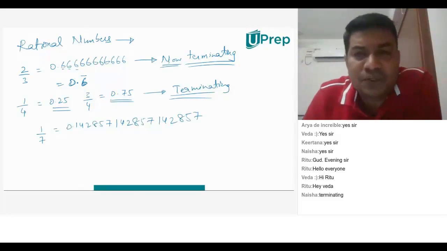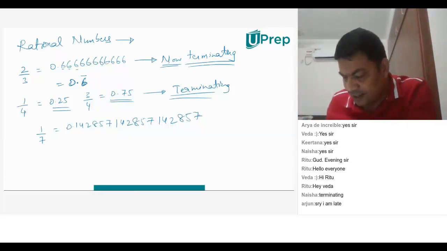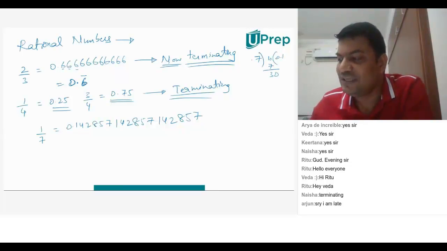If you want to calculate, you can use your mathematics. 1 by 7, you know how to divide, right? So you have 7, you have 1, you put a decimal and you put a 0 here. 7 ones are 7, so you get 3 as the remainder. Once again you put a 0. 7 goes how many times? 7 fours are 28, so you got 2 there.